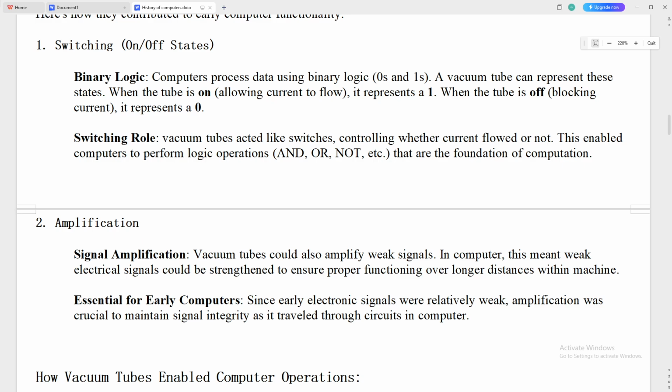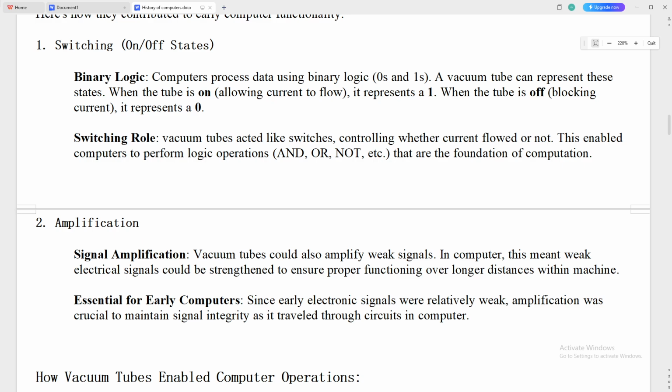When you increase the power, it amplifies the signals, and as the signals are amplified, they can function properly over long distances within the machine. You can transfer the signals over long distances with the use of wires. The second thing is that this was essential for the earlier computers, since earlier electronic signals were relatively weak.